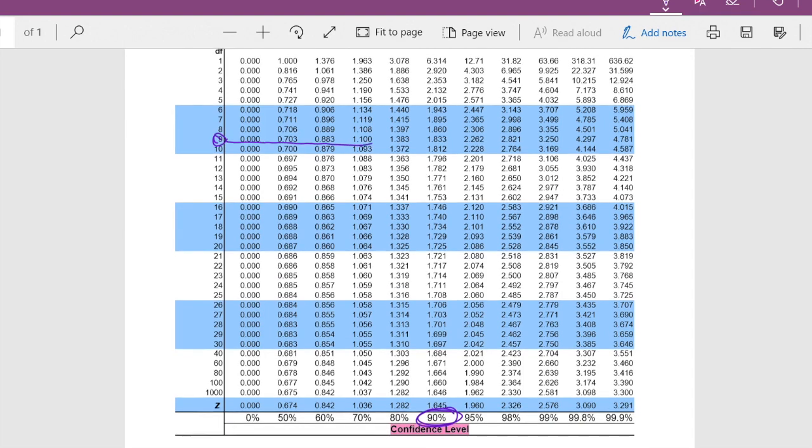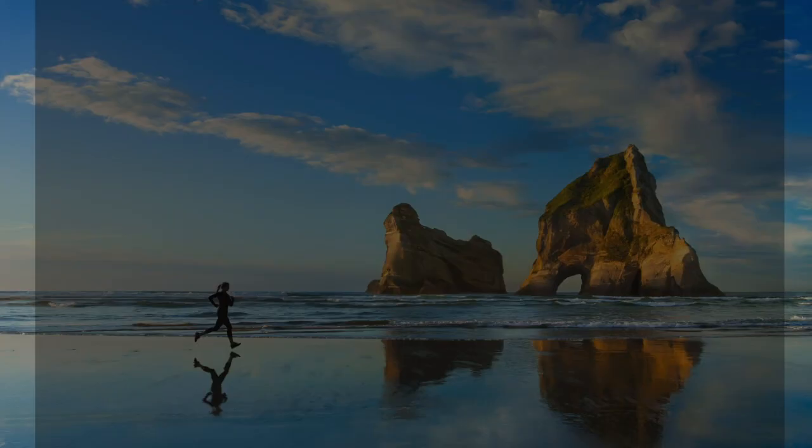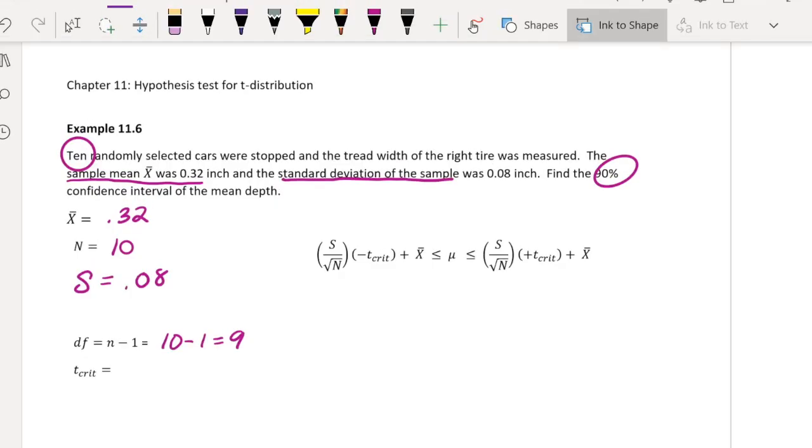Okay, 1.833. There you go. So remember, it's going to be negative here and positive here.